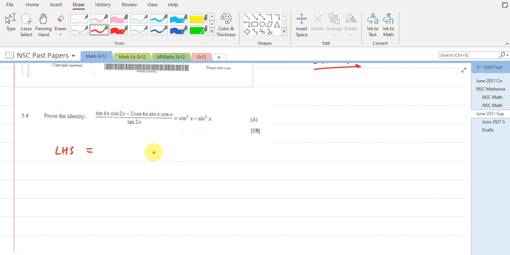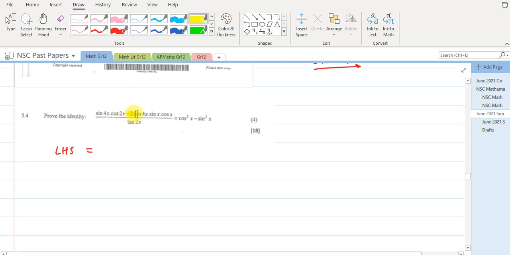It's for 4 marks. So we have a double angle over here, right? And we got sine x cos x. Alright, so what we can see here, don't try to simplify this. We got sine x cos x, so let's look for a pattern in this one now.